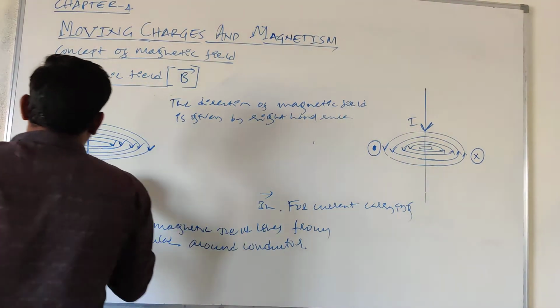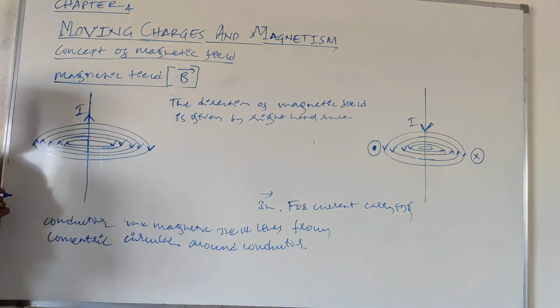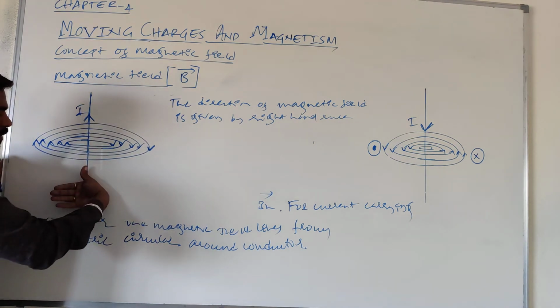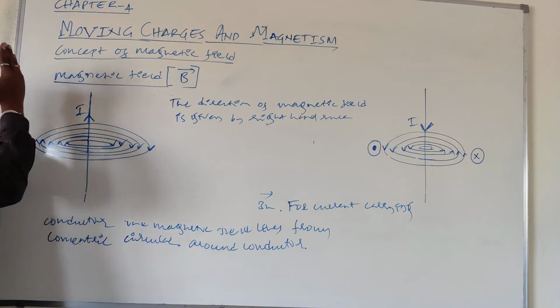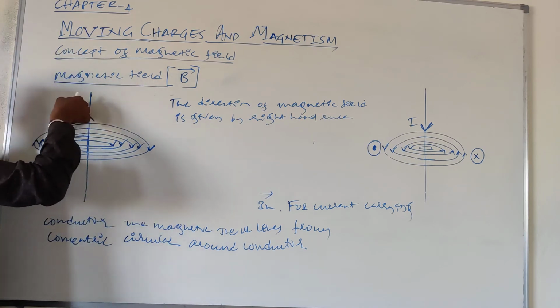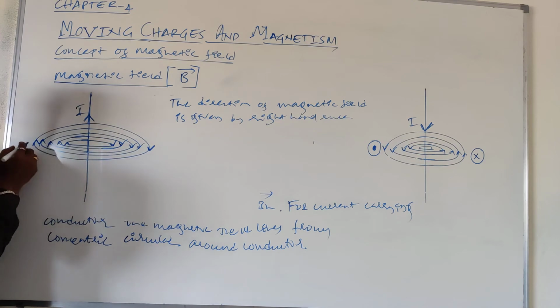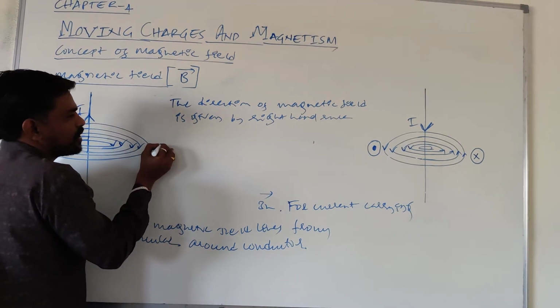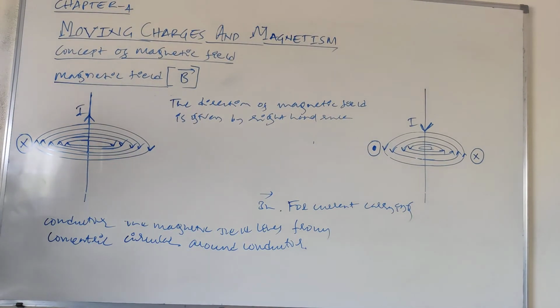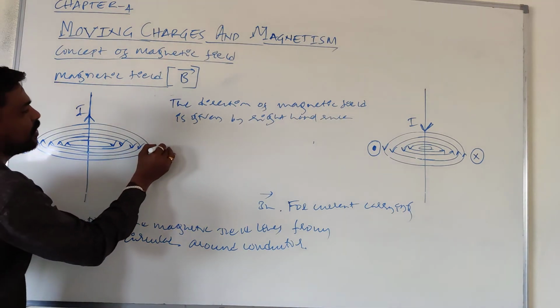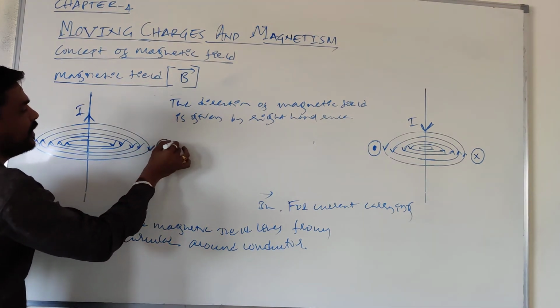So here now see once again. This is I. Once again the same, but the current is in this direction. Now this becomes a cross, and this becomes our dot. Right?